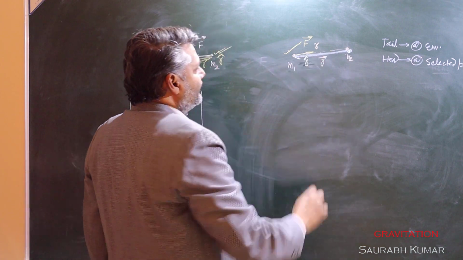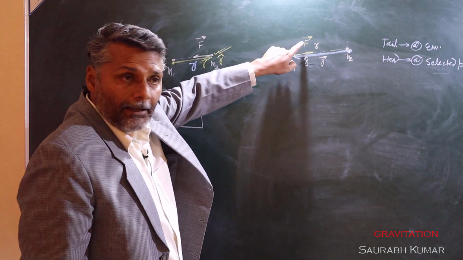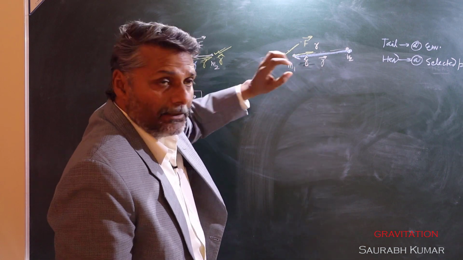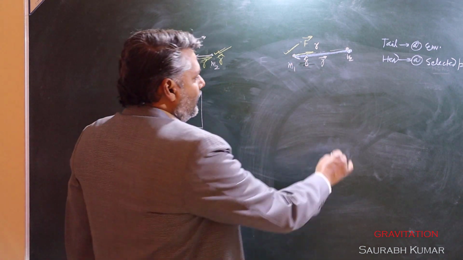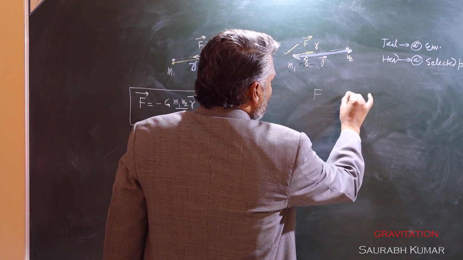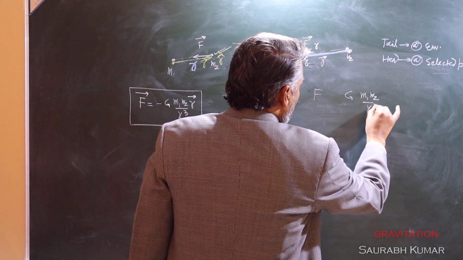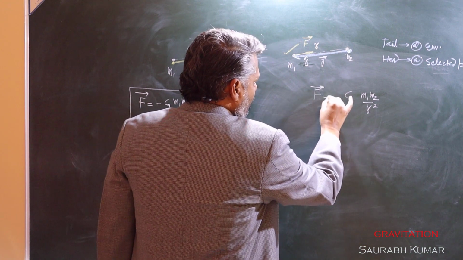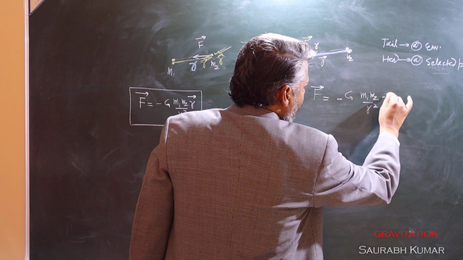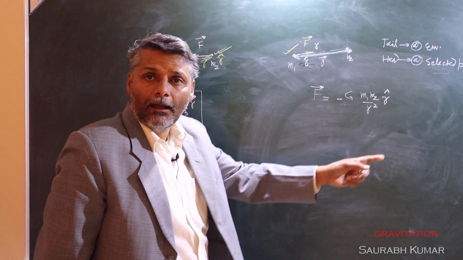R cap also is in the same direction. Vector F and R cap, or vector R, are parallel or anti-parallel. So how much is the magnitude? G M1 M2 by R square. And in vector notation, you will get this minus sign as well as R cap.